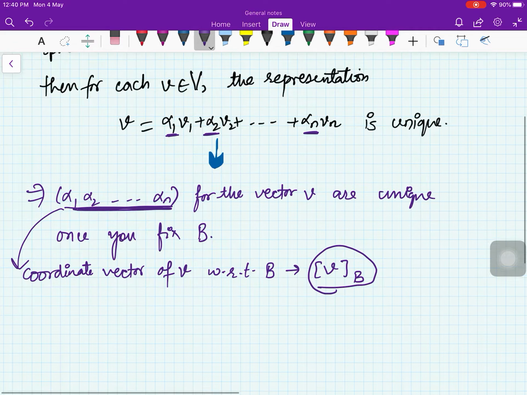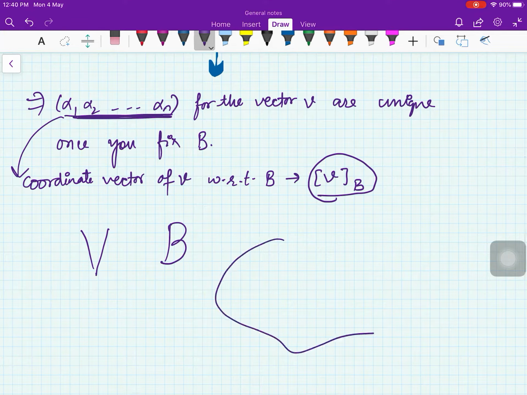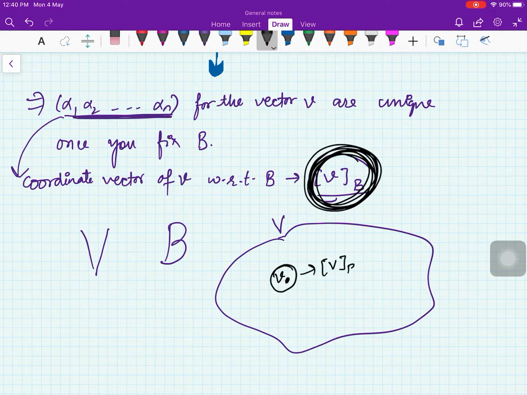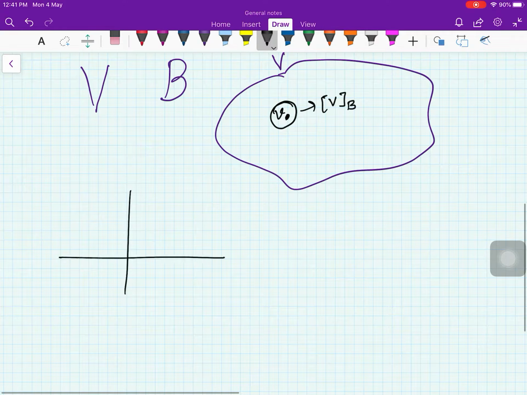So given a vector space V and a basis B, every vector inside that vector space has a representation with respect to B, and we denote that representation with this. This is called the coordinate vector, right? This is the same as, for example, in the R2 plane, where every point has a name.